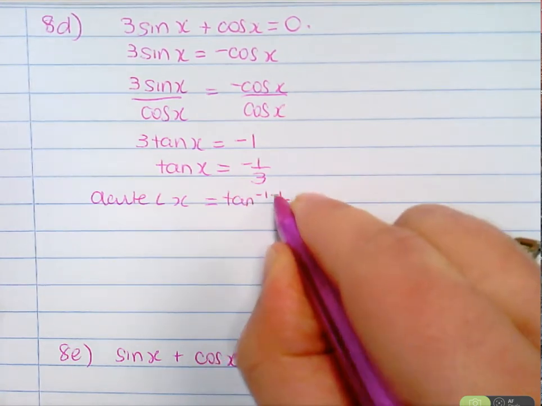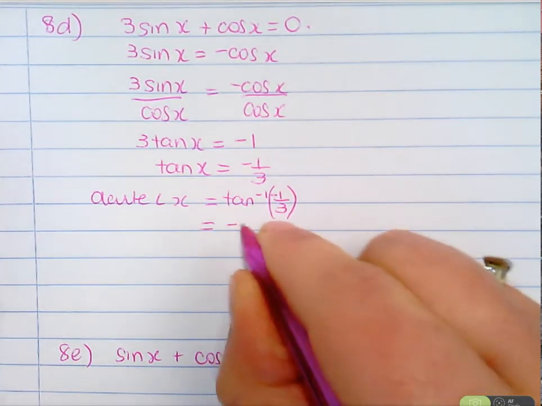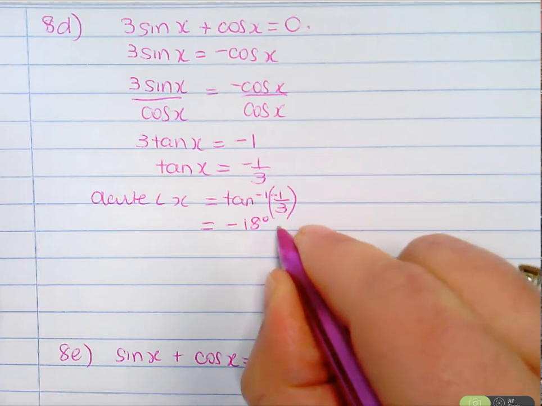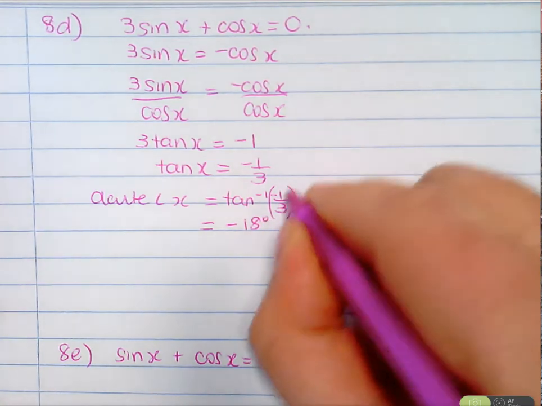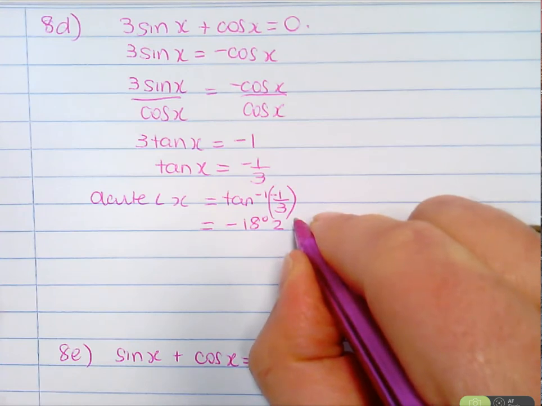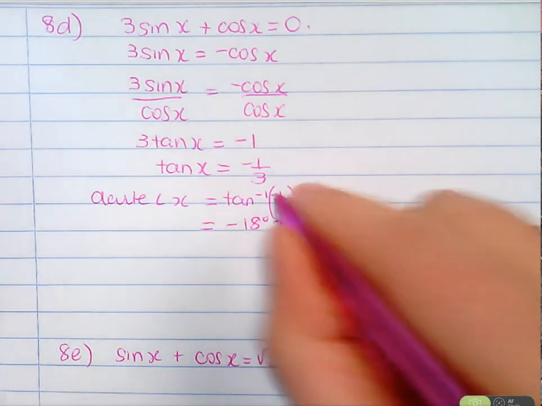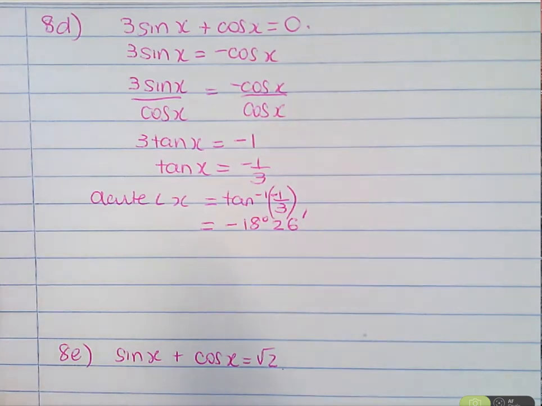You can put the negative, I think the negative will work. It's negative 18 degrees. Give me degrees and minutes. Negative 18 degrees, 26 minutes and 5.8 seconds. So 26 minutes is closest, to the nearest degree minute, okay? If you don't put the negative in, you'll get a positive answer, and then you put the negative in front.